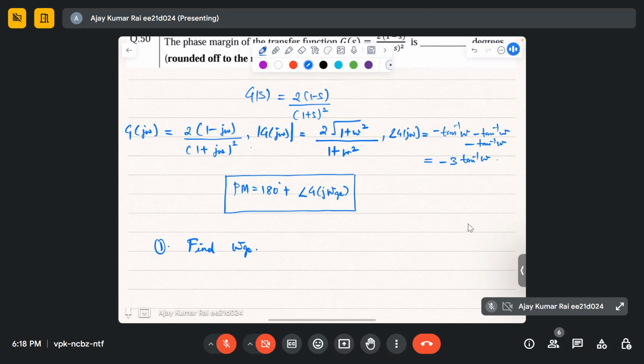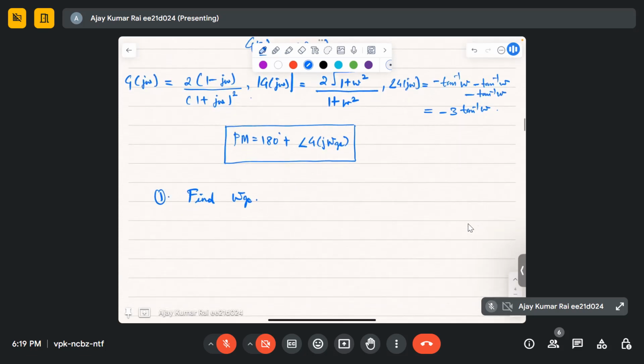For the numerator it's minus tan inverse omega, because it is 1 minus j omega, which is in the fourth quadrant. Fourth quadrant, how to find the phase? Minus of the angle, right? And for the denominator, the phase is tan inverse omega, but since it's lying in the denominator, that's why we have the minus sign. Two times, because it's squared, so I'll get this phase.